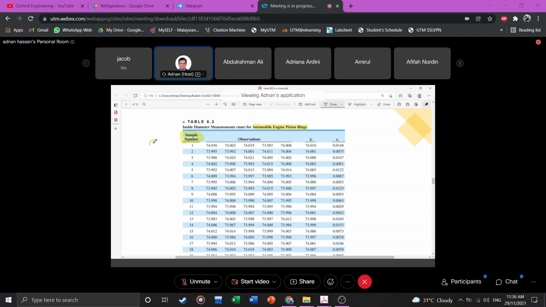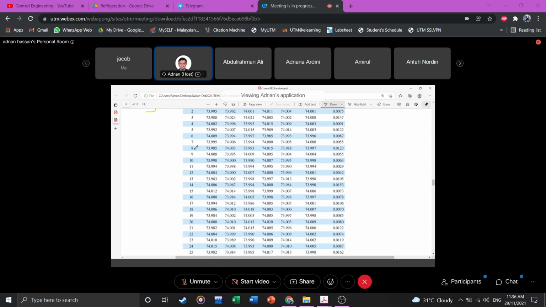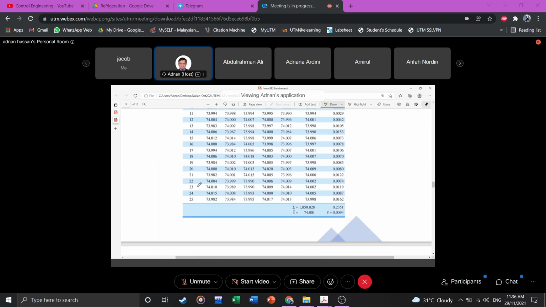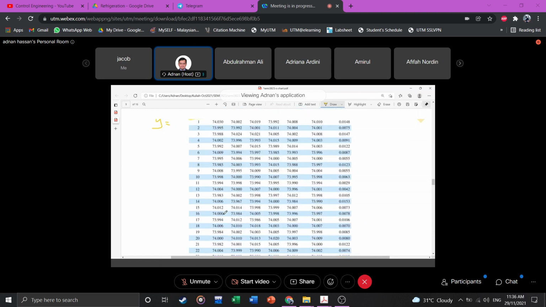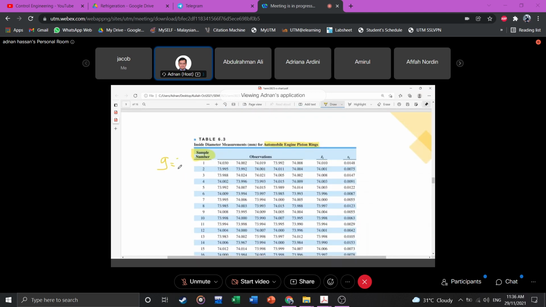In this case, G is equal to 25. See, we have 25 here, so 25 subgroups.